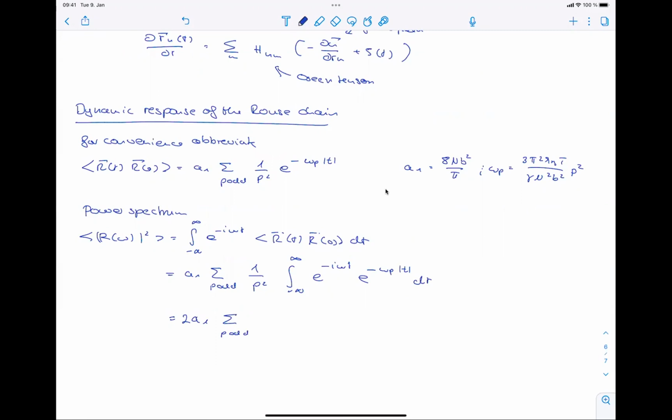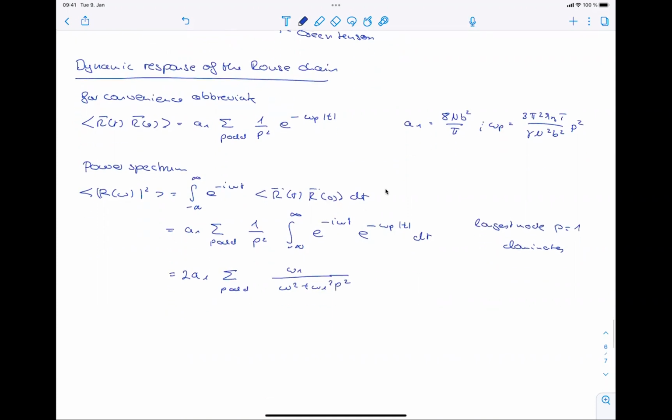And to solve this integral, we also know that the longest mode among the ones in omega p, namely the p equal 1, dominates, which makes this integral much easier. And then we have omega 1 over omega squared plus omega 1 squared.